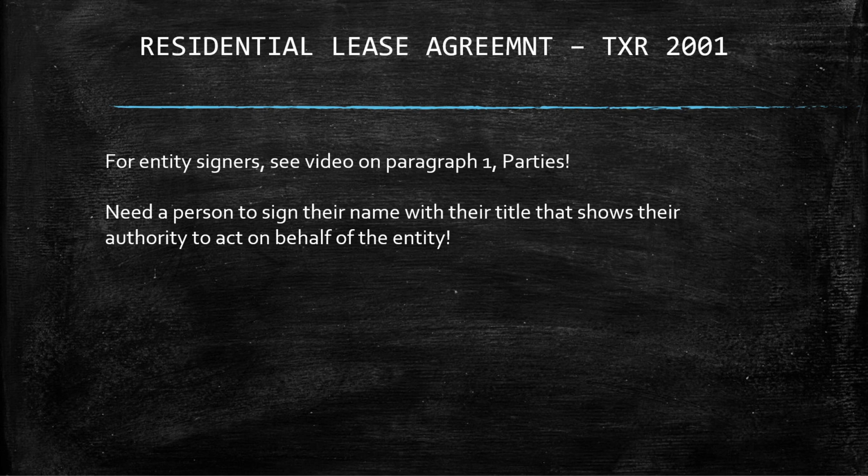What we do not want to see is a DocuSign signature that has the name of the LLC in scripty font on the signature line. That is improperly signed. An LLC or other kind of entity is fictitious. It cannot sign its own name. So we need the signature of a person who has authority to act on behalf of that entity.